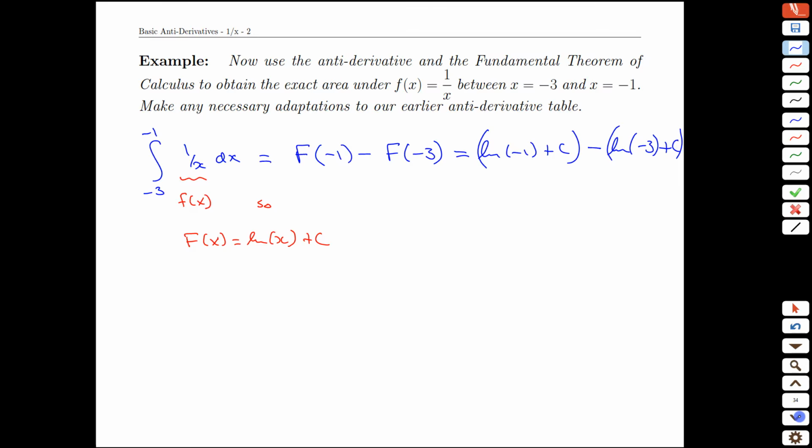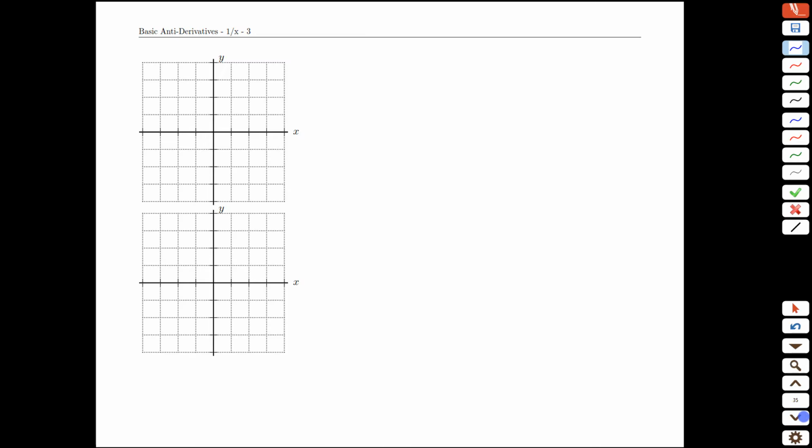Well, it wasn't so much that things went wrong, it's that things are a little more complicated than we might have anticipated at first. Let's do a quick sketch, going back to material we've seen before. If we graph ln of x, we know it looks like this. And if we graph its derivative, 1 over x, we know it looks like this over here.